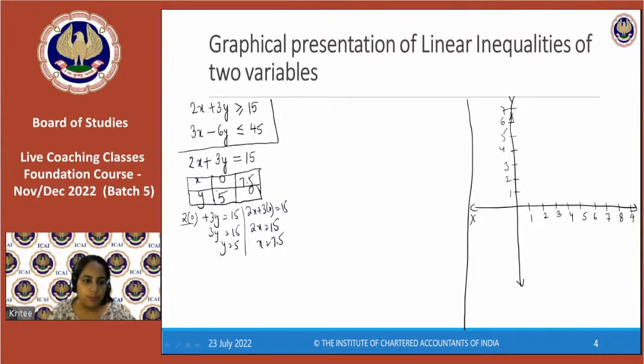The first point is when x is equal to 0, y is equal to 5. Here is the point where x and y both are equal to 0. When x is equal to 7.5, y is equal to 0.